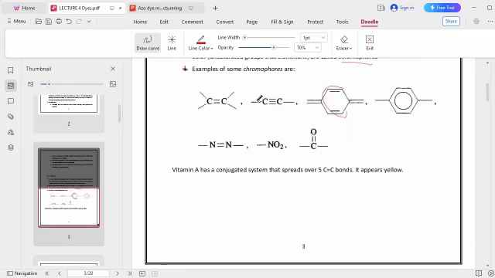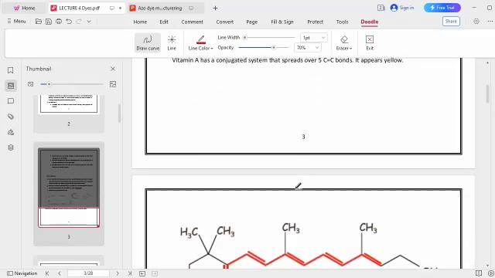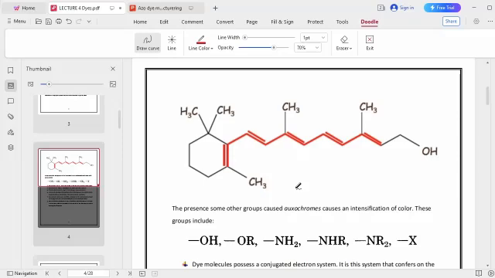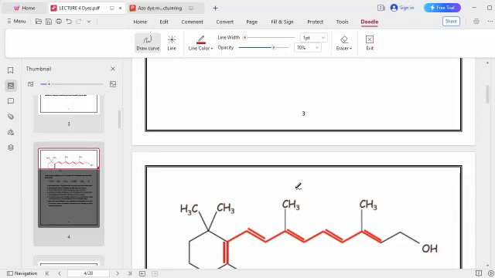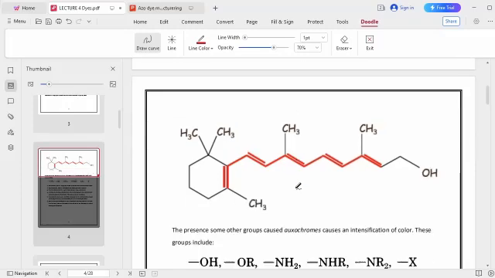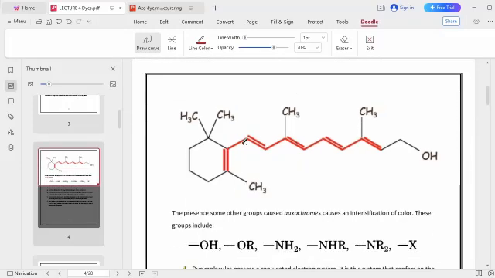So molecules that have lots of these chromophores are able to produce what? A color. And some molecules have special arrangements of these carbon-carbon bonds. For example, vitamin A has what's known as a conjugated system, a system that has alternating regions where there are double bonds, as seen on the screen there.